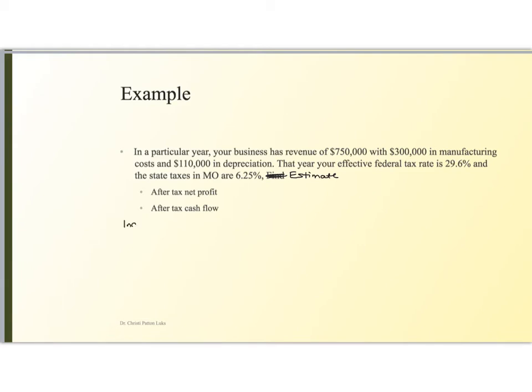So our income tax for this problem is going to be my revenue, $750,000, minus my manufacturing costs, minus my depreciation for that year, and I'm going to multiply that by my tax rate.